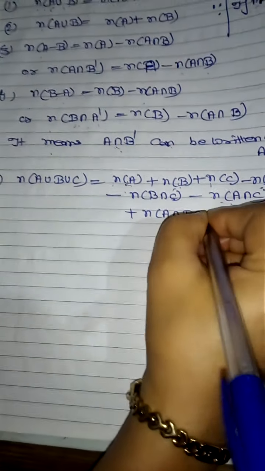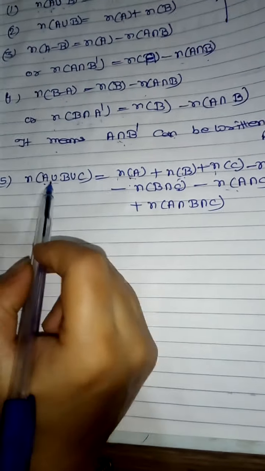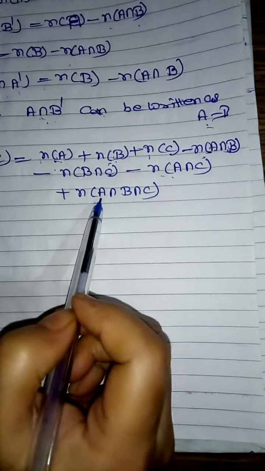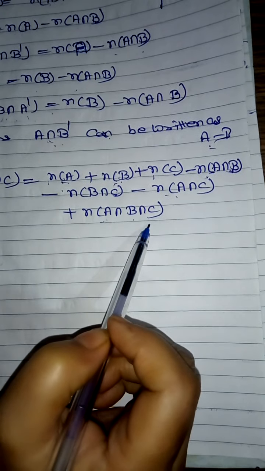And the last one is plus n of A intersection B intersection C, because here it is A union B union C, so we add the common elements between set A, set B and set C.